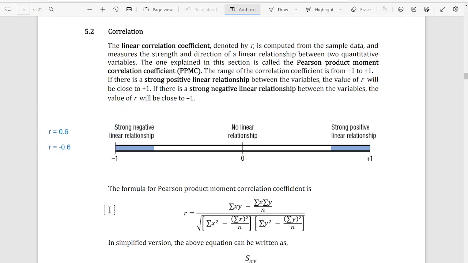Okay, so if you have this value r equal to 0.6 and negative 0.6, in terms of its strength, both of these have the same strength.